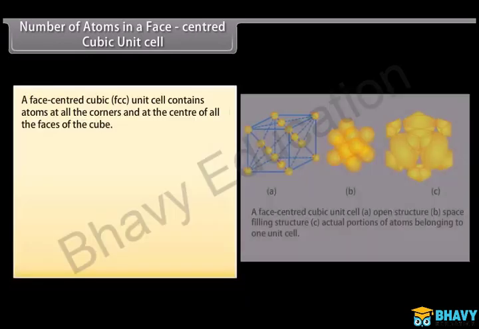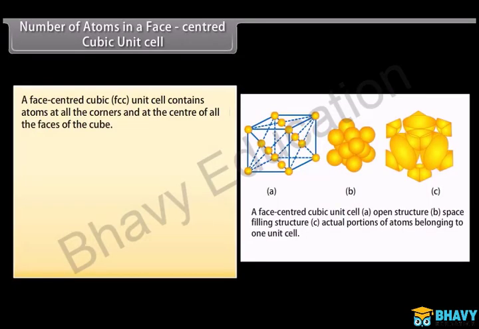Number of atoms in a face-centered cubic unit cell. A face-centered cubic FCC unit cell contains atoms at all the corners and at the center of all the faces of the cube.